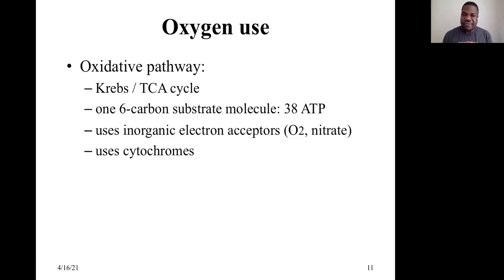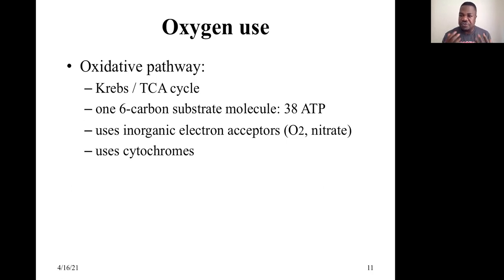What it means is that at the end of the oxidative pathway, those bacteria are able to generate energy, 38 ATP, a high amount of energy for their survival. Now, to be part of the oxidative pathway, the microorganism should be able to use inorganic electron acceptors.